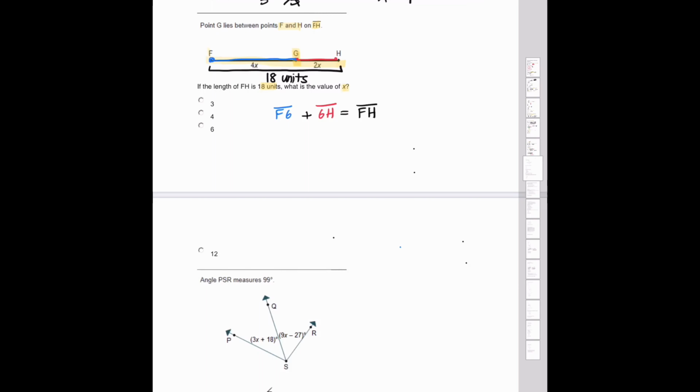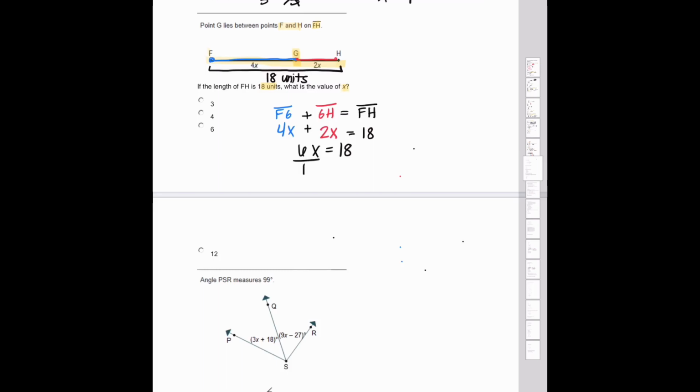Well, we have already been given that FH is equal to 18, GH is equal to 2x, and FG is equal to 4x. Therefore, the next thing we would do is combine like terms, which gives us 6x equals 18.